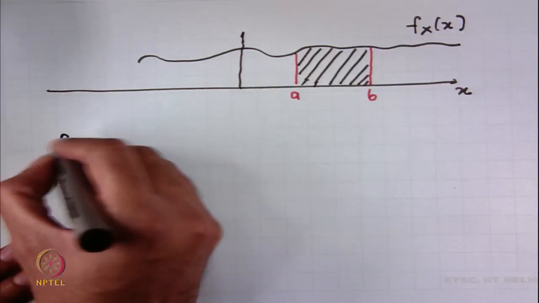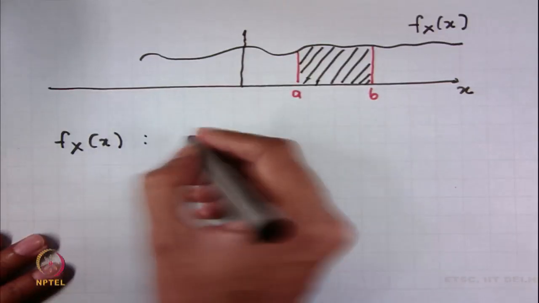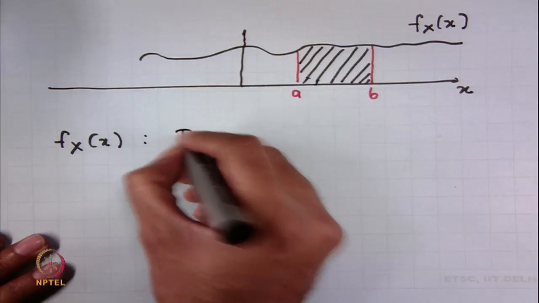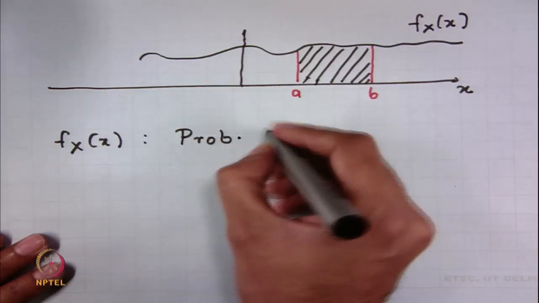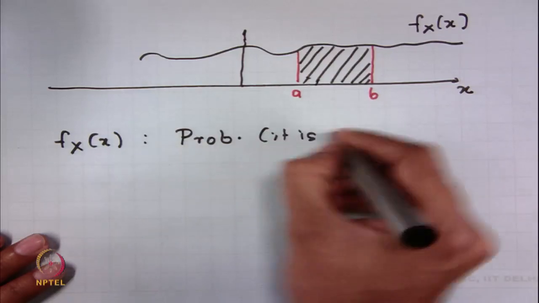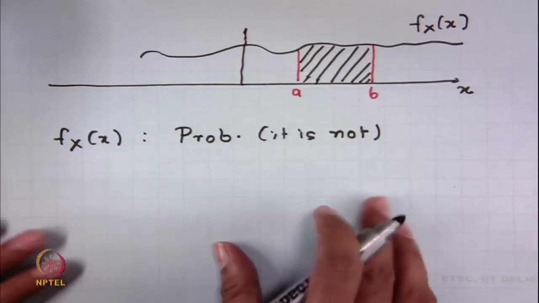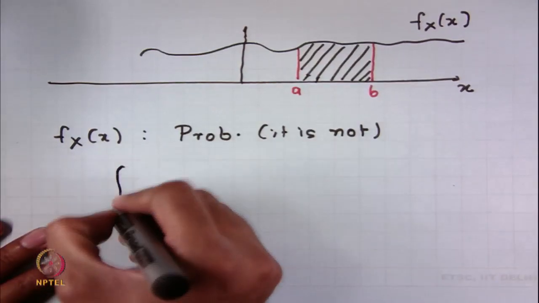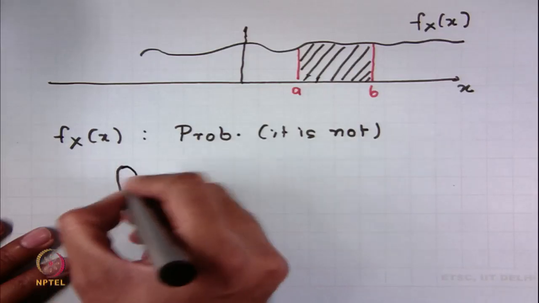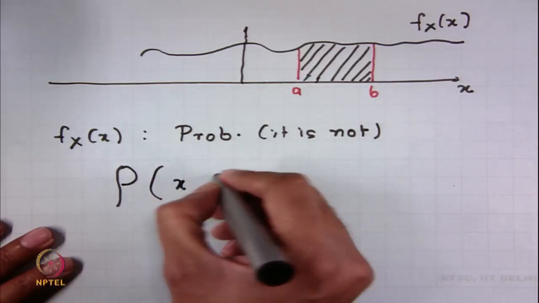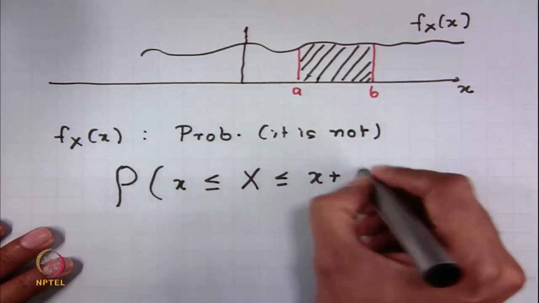So, let us define this probability density a bit more. The first caution is that this probability density function is not probability itself. It is not probability, it is a probability density function. And how can we interpret this? Let us go back to that integration and try to calculate the probability that a random variable takes a value between x and x plus delta.